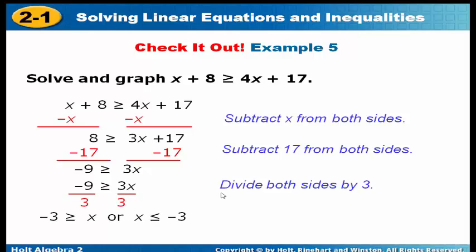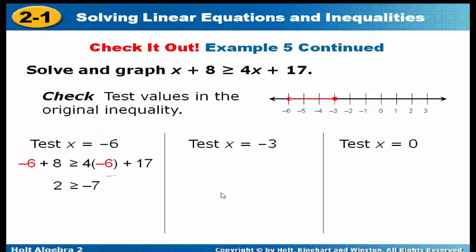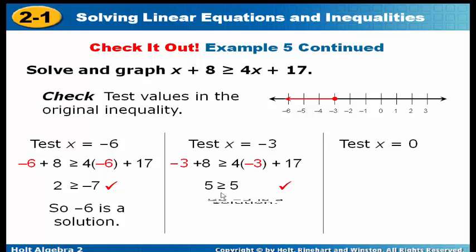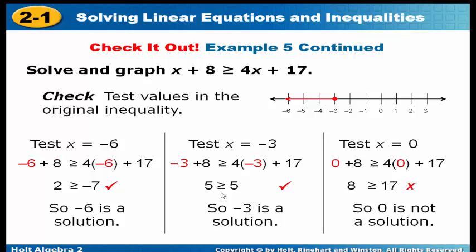So x is smaller than or equal to negative 3, in this form or in this form. Check: test negative 6, it is a solution. Negative 3 is a solution, but 0 is not a solution.